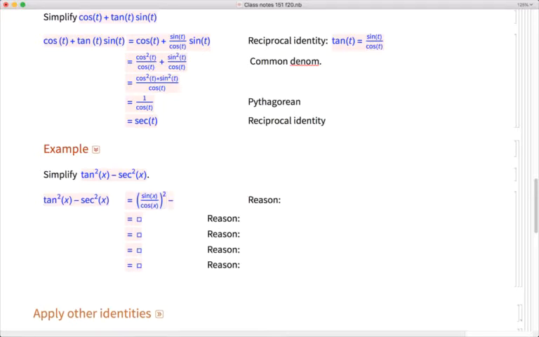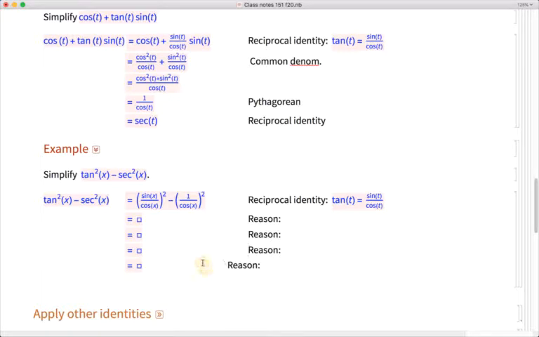And then secant is 1 over cosine x. And this replacement, again, those are the reciprocal identities for defining tangent and secant in terms of sine and cosine.